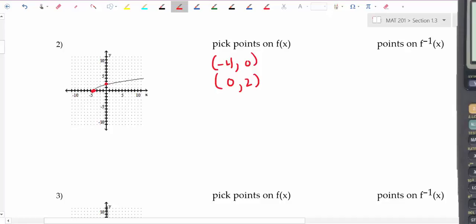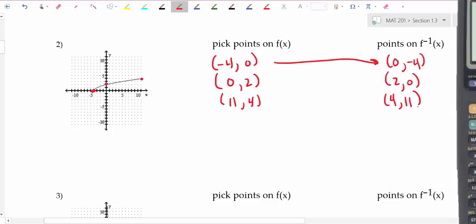And let's pick one more. I kind of like this point at the end. 11, 4. So that just means on the inverse, you're going to have 0, -4. You're going to have 2, 0. And you're going to have 4, 11.